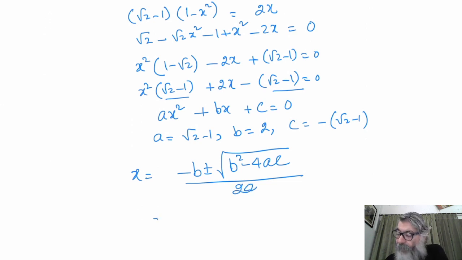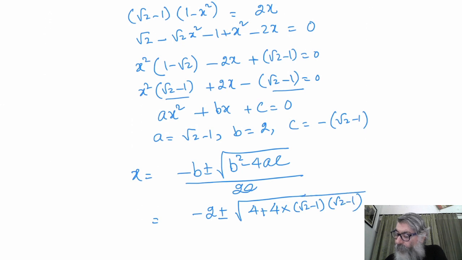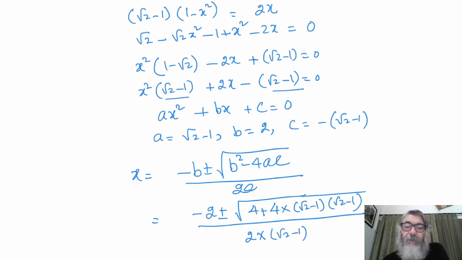Now it is minus b, means minus 2, plus minus under root b square, that is 4, minus 4 into a, what is the value of a? Root 2 minus 1. What is the value of c? Minus this, so it will become plus root 2 minus 1, upon 2 into a. A is how much? Root 2 minus 1. Now it is a simple question of just calculation.